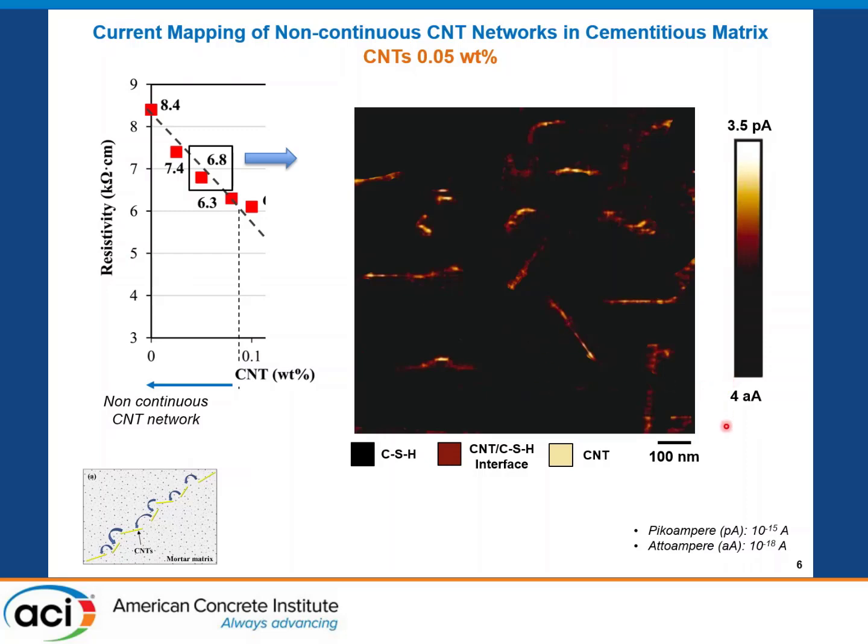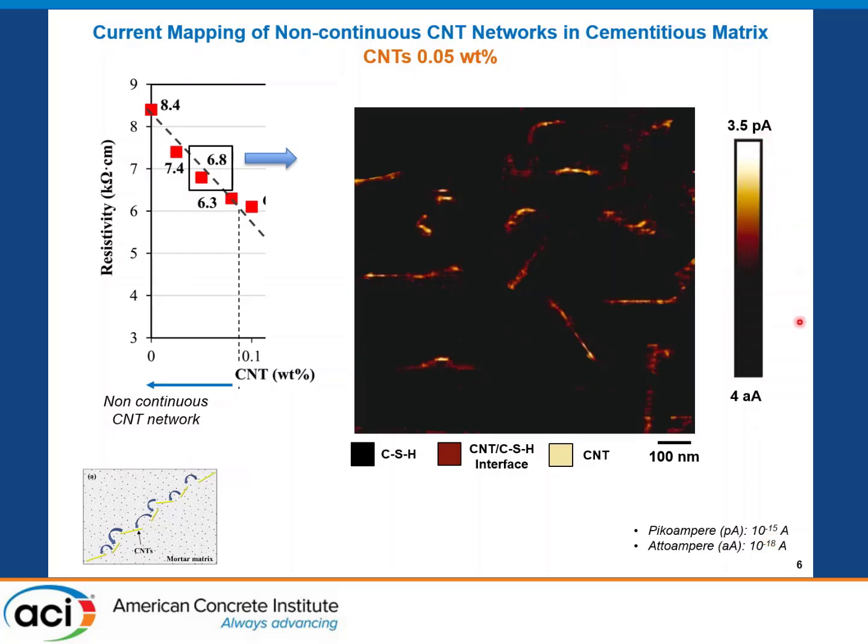We see here that when nanotubes are included, the current rate is much higher. We are talking about highly conducting nanomaterials with a current of 5 ampere and up, which corresponds to 10 to the power of minus 15 ampere.